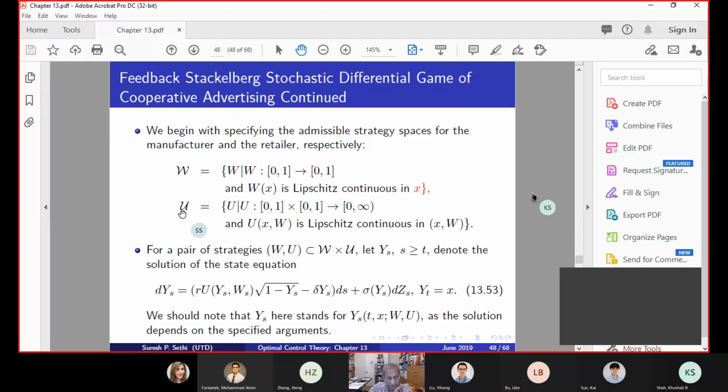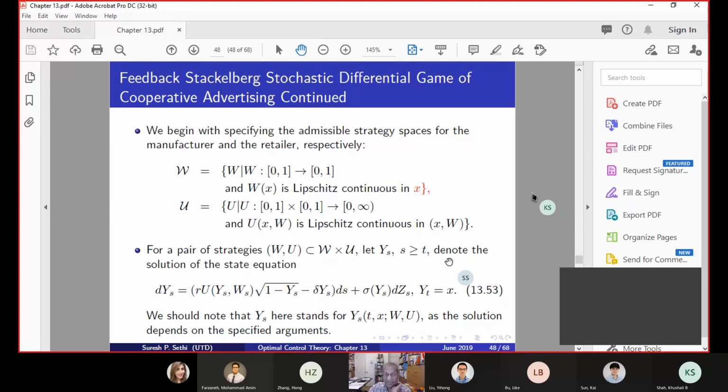We have script U, which takes the function from x and w into advertising effort, which is from 0 to infinity, that is, greater than or equal to 0. So this is a function like this. So you can see we're limiting ourselves to these sets of functions that we are interested in.